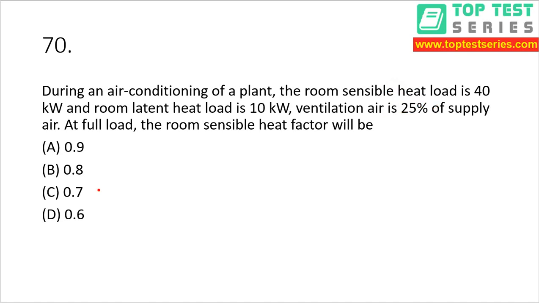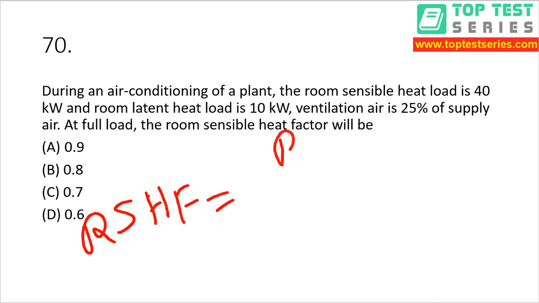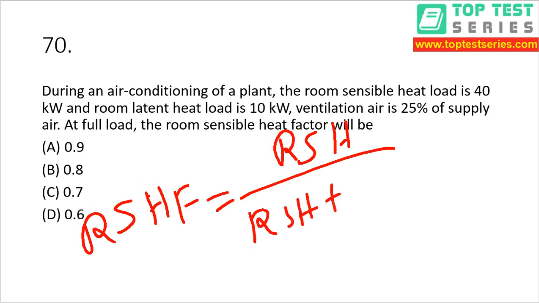Let me write you that formula. Room sensible heat factor is equal to room sensible heat divided by room total heat. That is room sensible heat plus room latent heat. What is latent heat, my dear? Whenever there is phase change, there is no difference in temperature, that is latent heat.